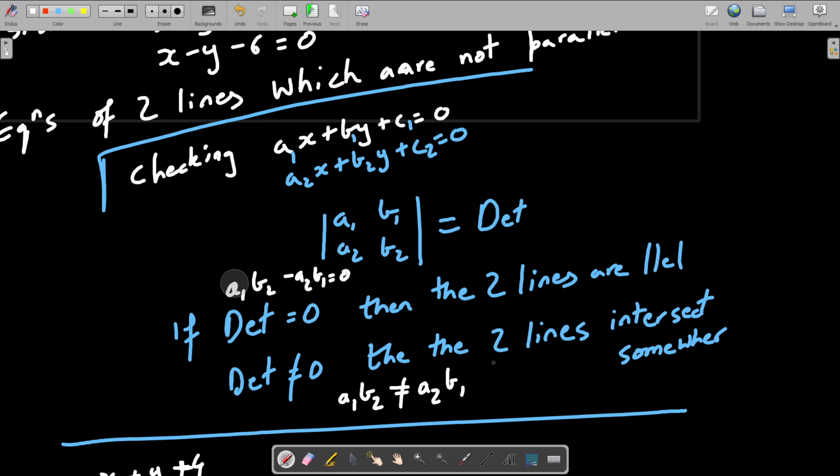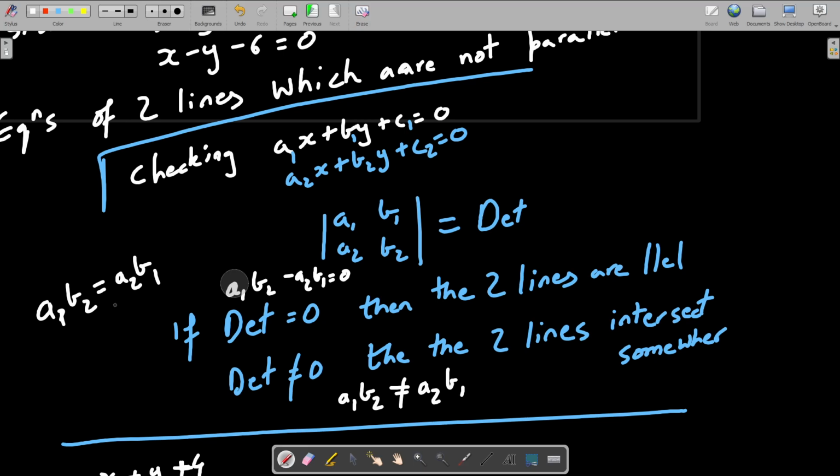In the book it's written like this, this condition, but I know where this condition comes from: from the determinant. So it's better you remember the determinant, not this formula. This is a very weird formula if you try to remember it. In this book they have not gone too much into the geometry the way I have shown it to you all. They have just said that if a1 b2 is equal to a2 b1, then the lines are parallel.